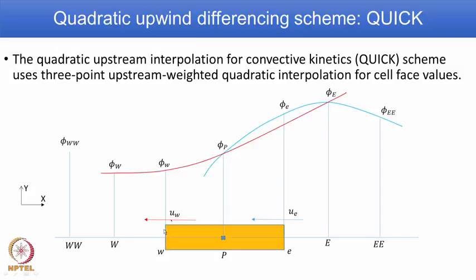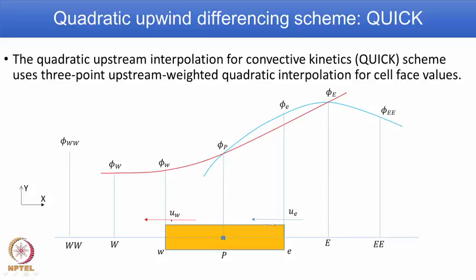Similarly, for another situation, the value on this face E, you have node E, capital letter E, that is on the right side of the face, and node P, which is on the left side of the face.